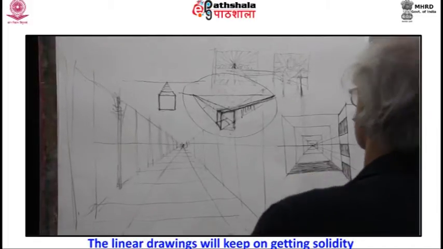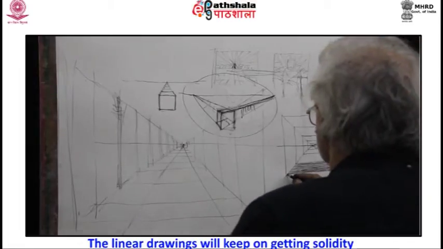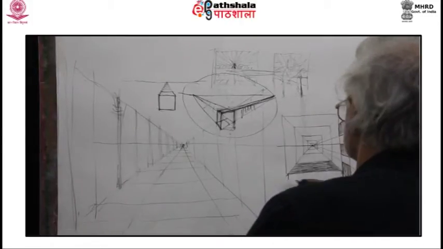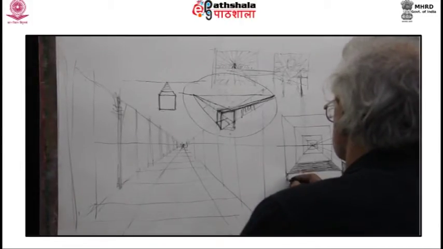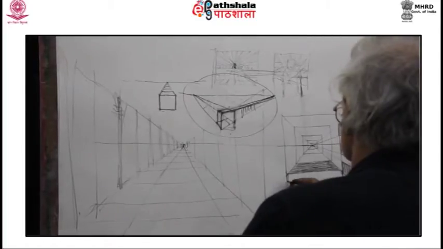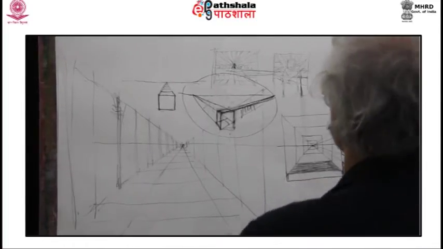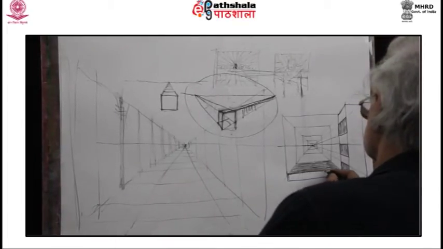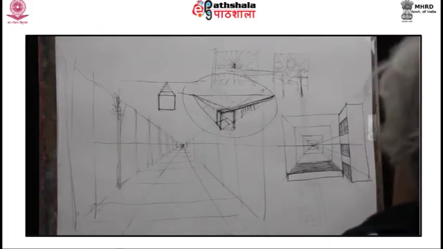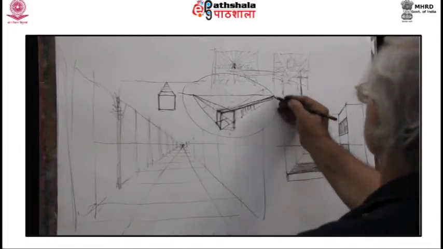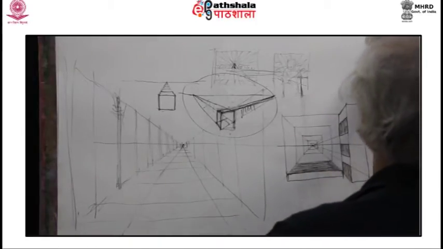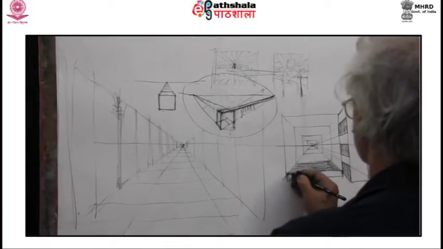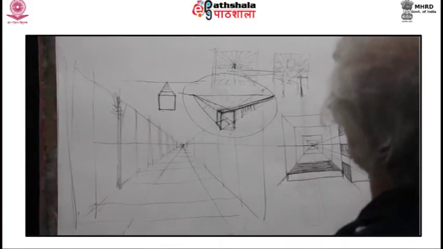The linear drawing will keep on getting solidity. These flat blocks on the path can be turned into a box by adding height along with length or breadth. Interesting variations can be brought out with these opaque passages.